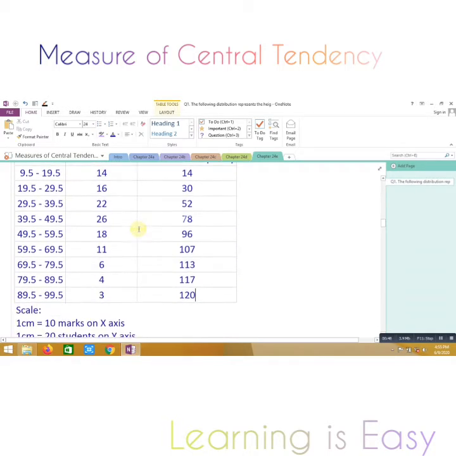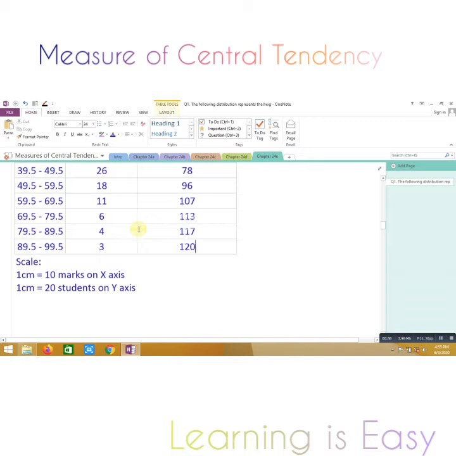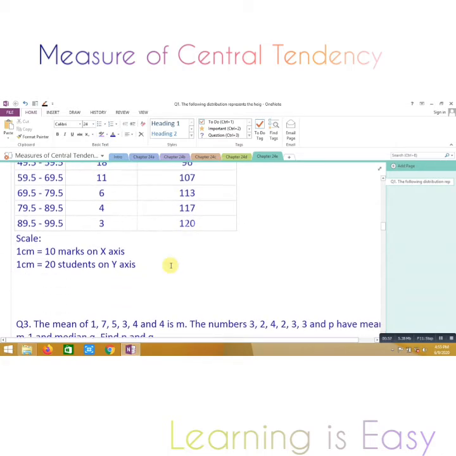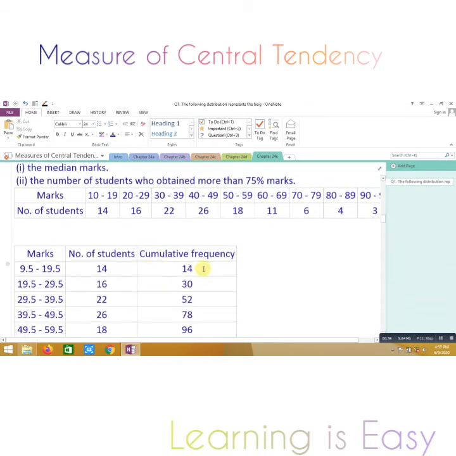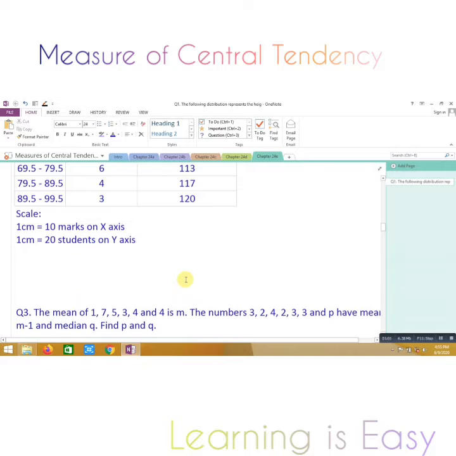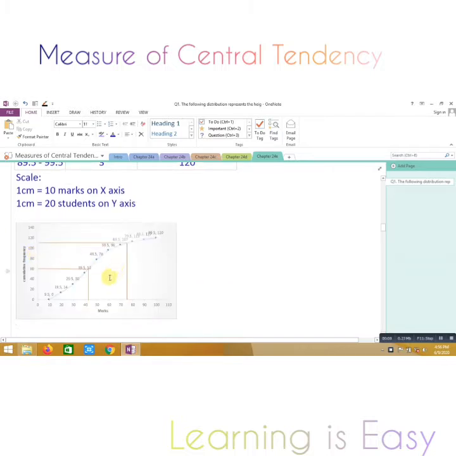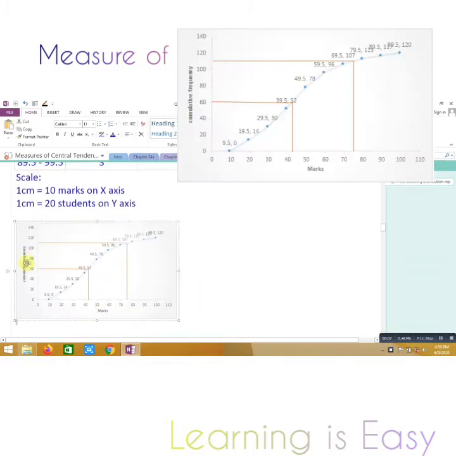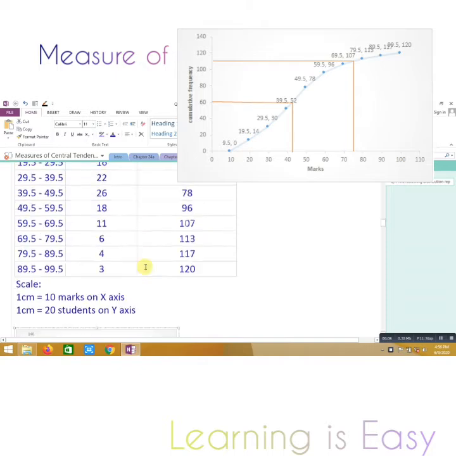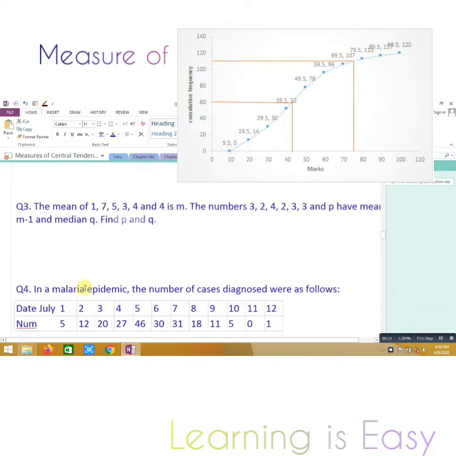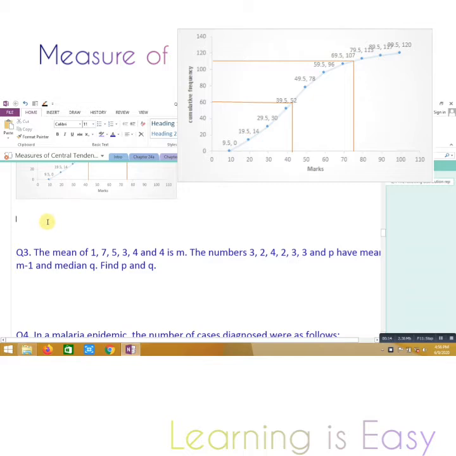First we need to find the median marks. So we need to draw a cumulative frequency graph with marks on x-axis and cumulative frequency on the y-axis. So first we need to find the median.